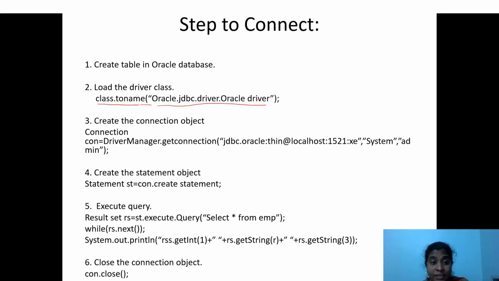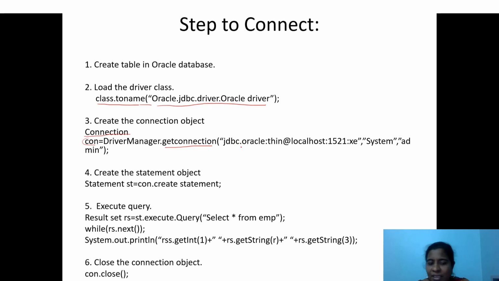The third step, as I said, is establishing the connection object. In Java, there is a class called Connection. For that Connection class, you have to create an object, and using that object you establish the connection to your database. For that, the syntax is DriverManager. You have already loaded the Oracle driver, so DriverManager has a method called getConnection.